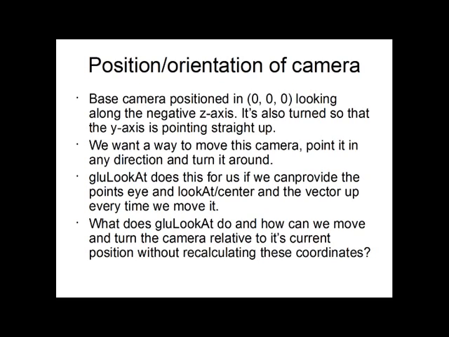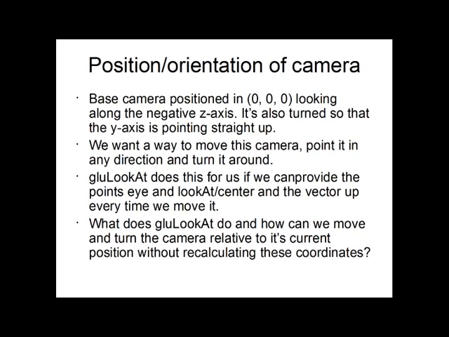So to look at the actual data that we're going to be using, we can imagine that some kind of base camera is positioned in 0, 0, 0 and looks along the negative z-axis. And in the end, this base camera is what we're going to be using to project onto. So what we need is a way to take our arbitrary camera that is positioned anywhere and oriented in any way, looking at anything, and to transform that and the world along with it, all our scene along with it, into the base camera.